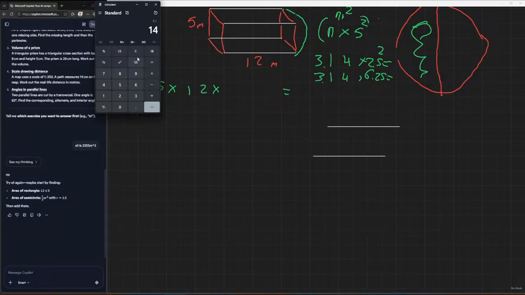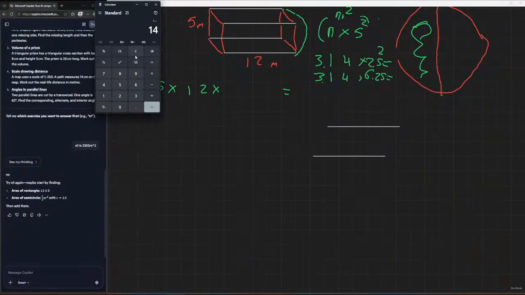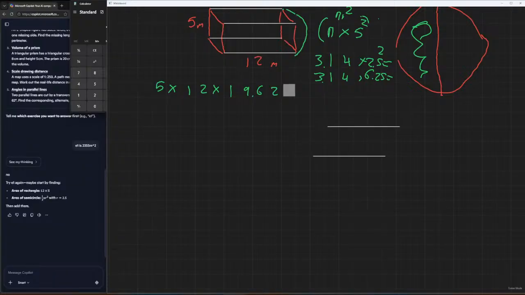So 3.14 times 6.25. Oh my days, bro. One wrong button and your life becomes too difficult, guys. This is my life, honestly, every time I try to do something. So 19.625.